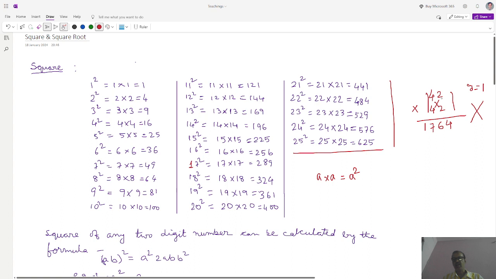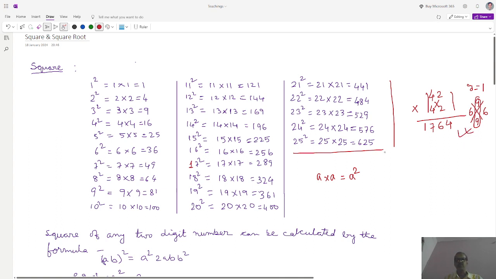Mentally, I am calculating 42: 4 plus 2 is 6. Similarly, here also 6. 6 into 6 is 36, and 3 plus 6 is 9. The digit sum of the result: 1 plus 7 plus 6 plus 4 is 18, and 1 plus 8 is 9. Here 9 equals 9. So the multiplication is okay.